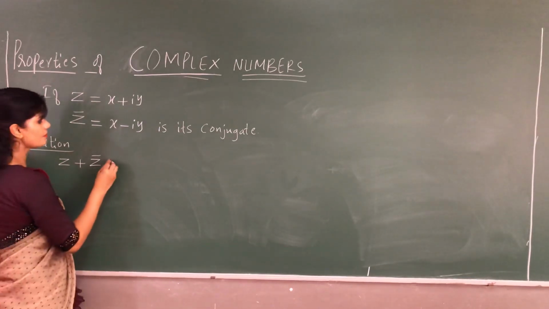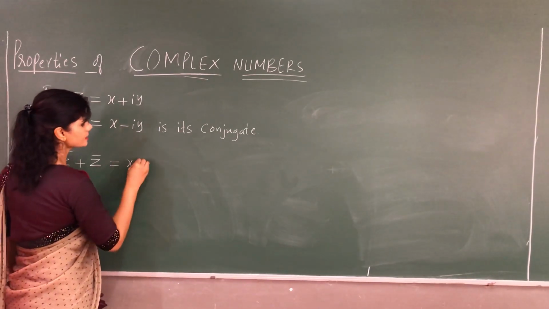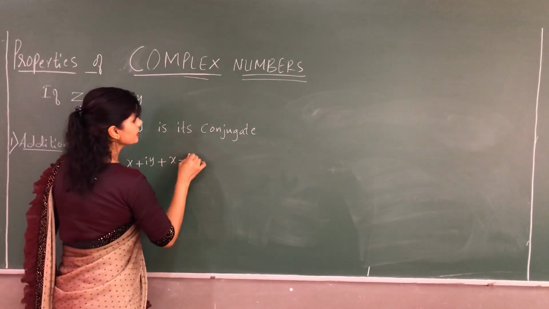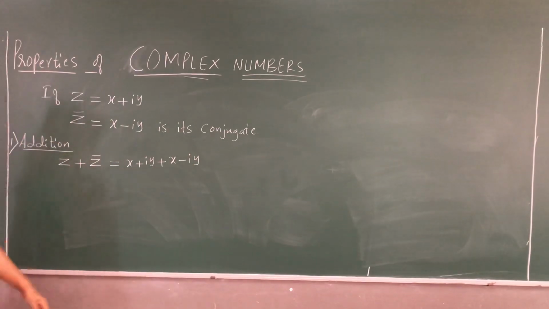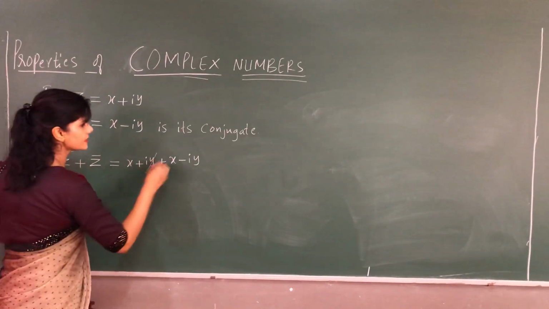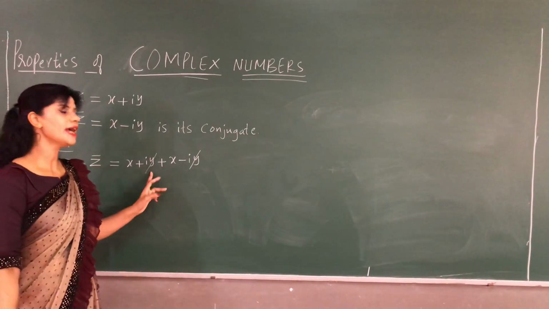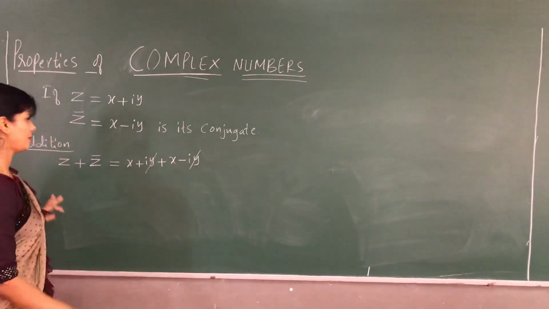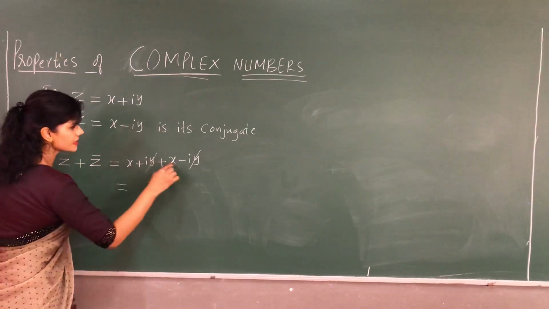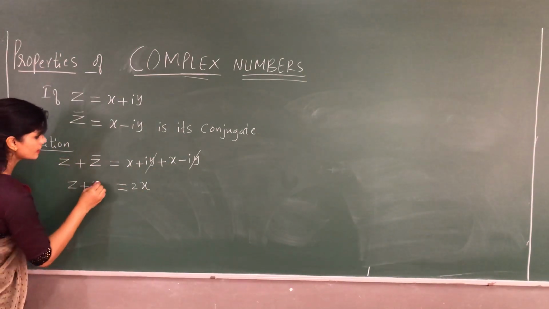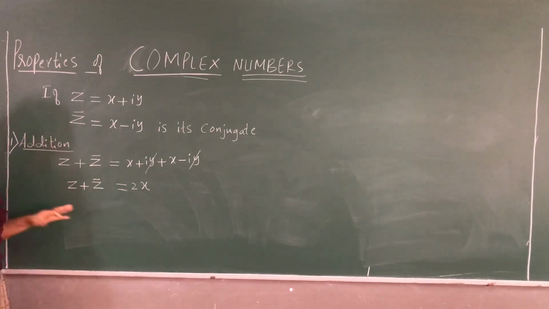So z plus z bar is nothing but x plus iy plus x minus iy, children. Okay, students. So plus iy minus iy cancels. You can add real part with real part, imaginary part with imaginary part. So 1x plus 1x is how much? 2x. So z plus z bar is equal to 2x.